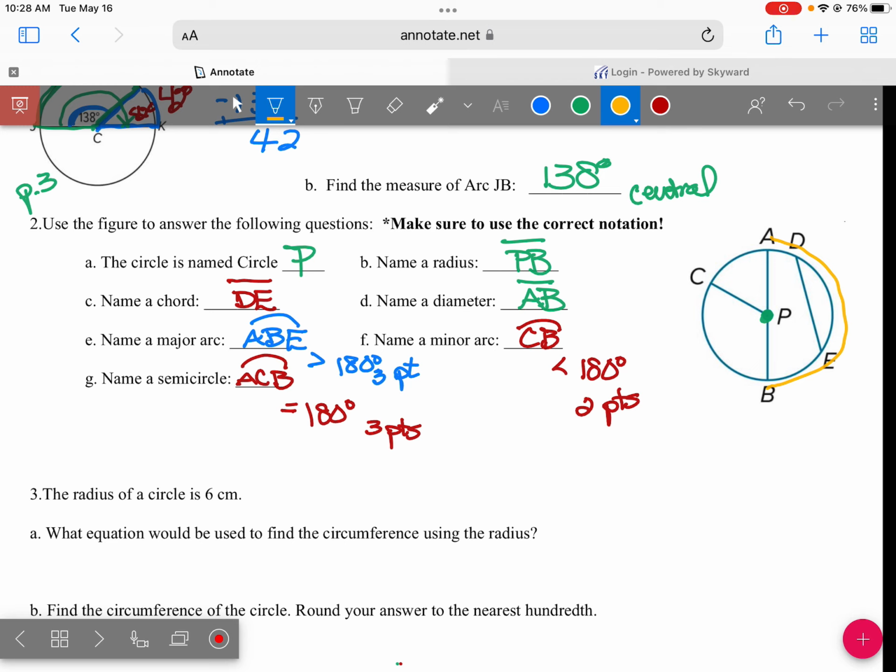Because it tells you which direction you're going around the circle. A major arc has to be over half of the circle. So if you say line segment AB, it has to go past that. So you could say ABC, AEC, DCE, DCB. Any of those are major. There you go. Question?